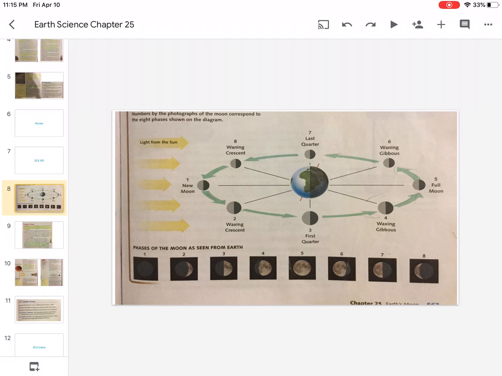After you read, compare a lunar eclipse with a solar eclipse. Discuss both cause and frequency. So we have solar eclipse on page 564.